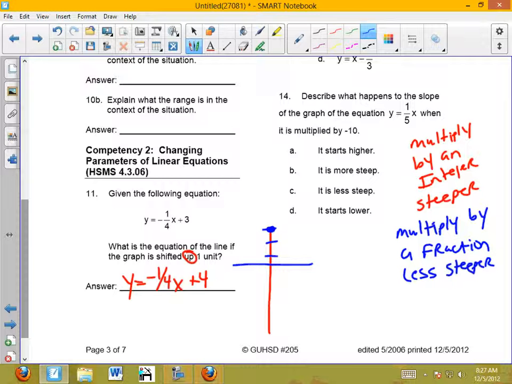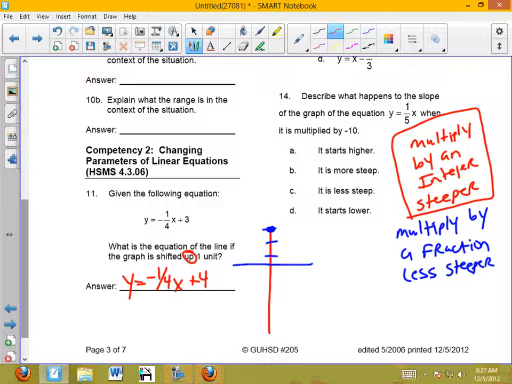An integer could be 0, but if you multiply by 0, that's going to make your slope 0. It's going to get completely flat. So if you multiply by an integer, your integer cannot equal 0. When you multiply by a fraction, it does get less steep. If you multiply by 0, it's also going to get less steep because it's going to become a horizontal line.